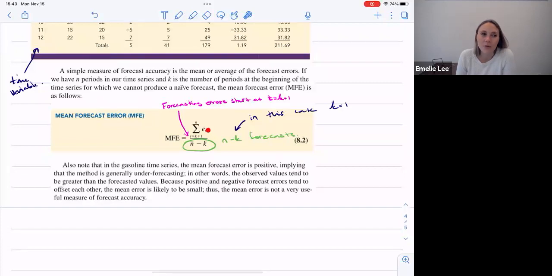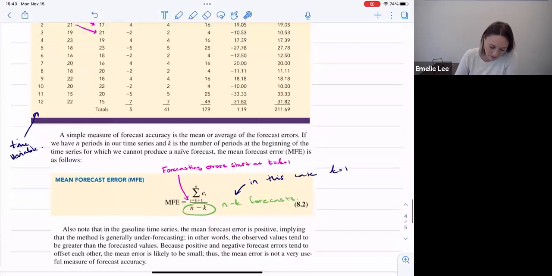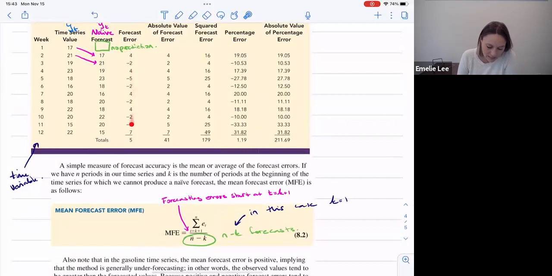If I asked you to find the mean of these forecast errors, what would you do? You would add up the ones that you have and divide by how many you have. In this case, you would notice that you have 11, and so you would already do this. Even though this looks scary, just remember that it's just the mean of the forecast error.